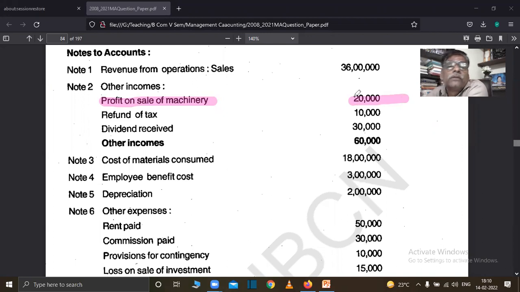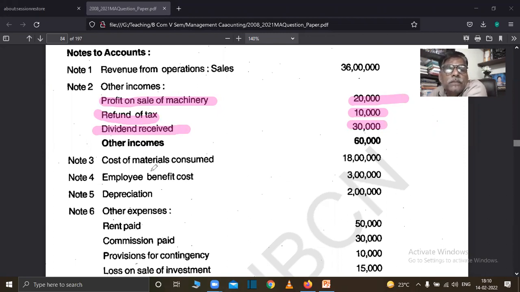So you have to deduct it. Refund of tax is also not relating to operation, you deduct it. Dividend received is also not relating to operation, you deduct this. So non-operating incomes are 3. Okay, these 3 you deduct.